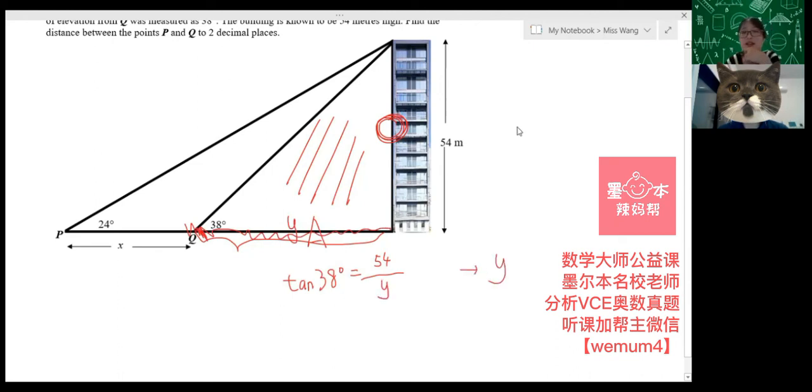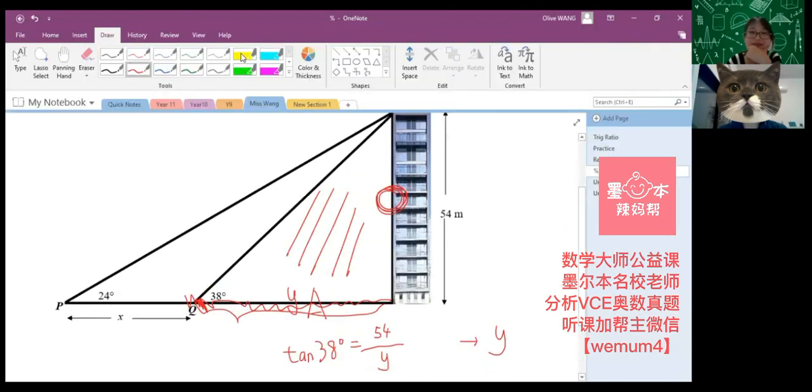So what's your next step? Because we have to find the x length, from P to the 54, we have to do tan 24 degrees equals 54 over the... Because you can see here, what Crystal said is, I need to find this length here as well. If I look at this large triangle here, I have another one.